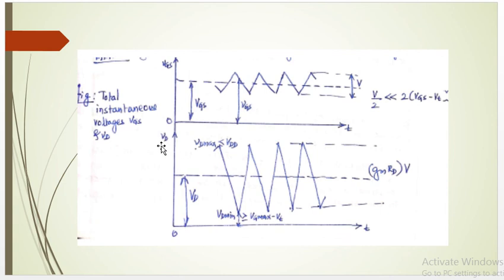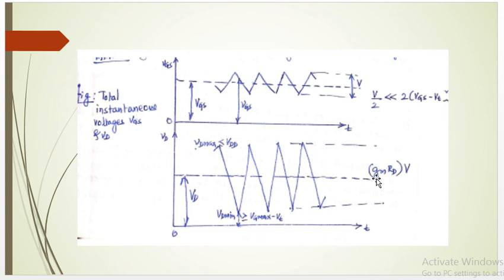Then if you observe VD, the output signal, when only DC sources are there, the output is VD DC. So this acts as a reference line. When you apply a signal, a triangular waveform, you can observe the output. This is VD max, VD minimum, and the gain is given by GM RD.